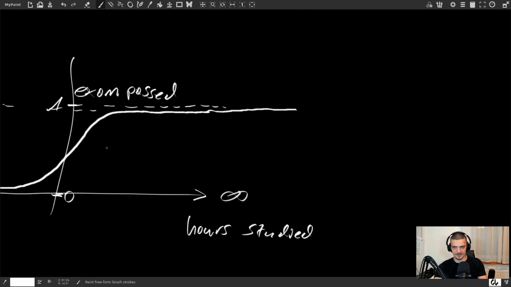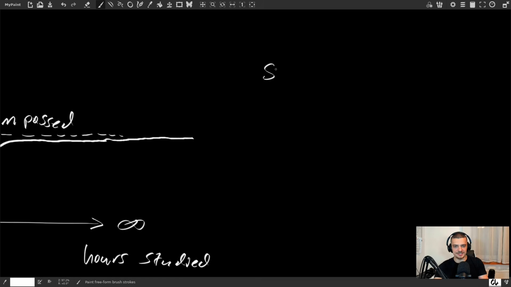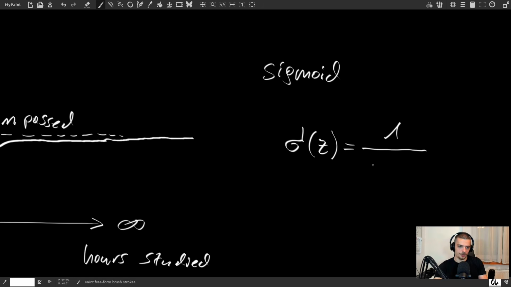The function here that I just plotted, or that I tried to visualize somehow, is called the sigmoid activation function, or in this case, maybe it's not an activation function, the sigmoid function, which is defined as follows. If I manage to draw a sigma symbol here, sigma of any value z is equal to 1 over 1 plus e to the power of minus z.